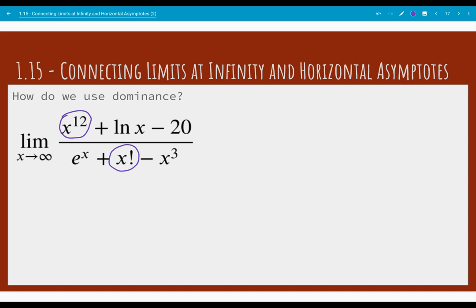We could rewrite this as the limit as x approaches infinity of x to the 12th over x factorial, but we don't need to rewrite it. We can just look at what happens here and do this a little more informally. The denominator is dominating the numerator because factorials are the fastest growing of all the functions, and so we get 0.